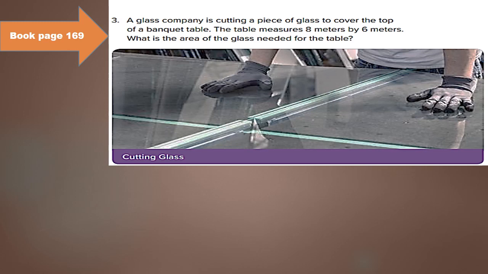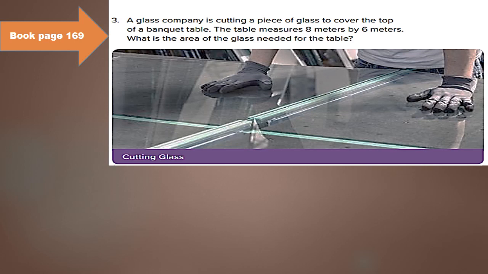Number 3, a glass company is cutting a piece of glass to cover the top of a banquet table. The table measures 8 meters by 6 meters. What is the area of the glass needed for the table? Okay, here we have the dimensions, 8 meters and 6 meters.